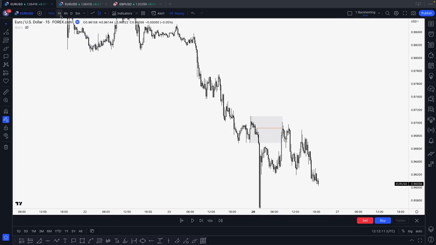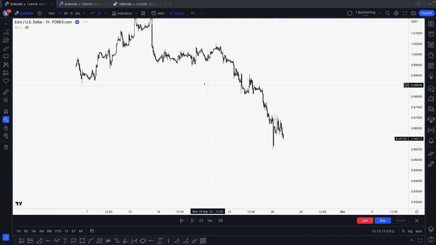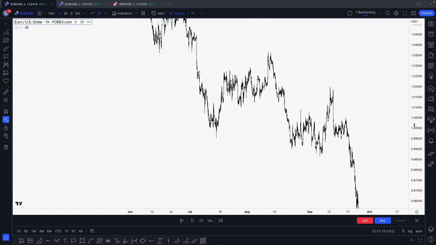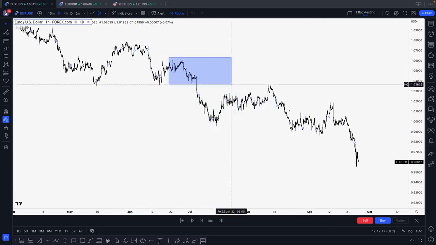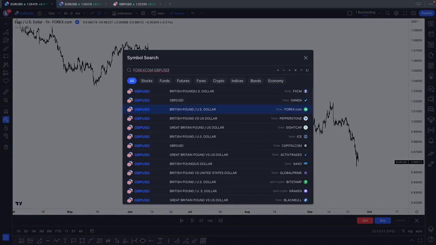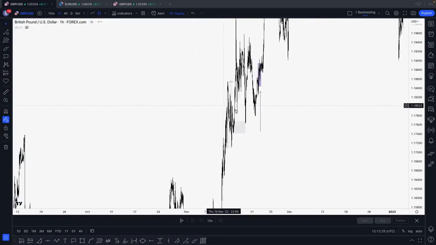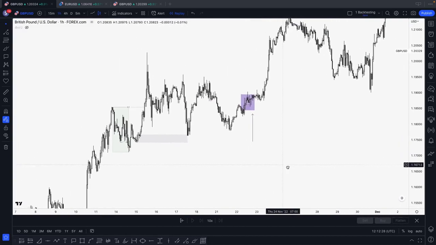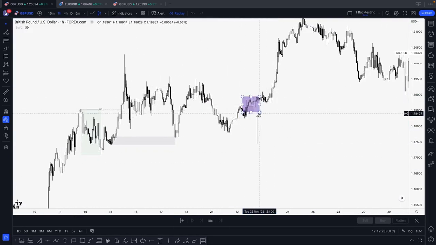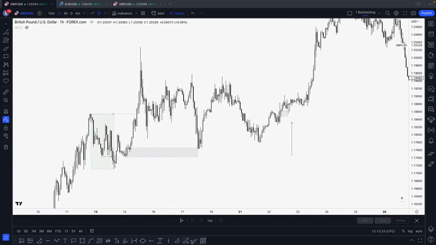I have another example that I want to show you, which I think is on GBP/USD. Okay, it's here. So basically, looking for longs from here.